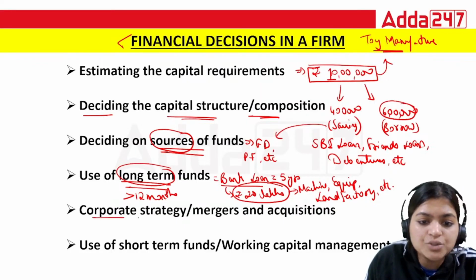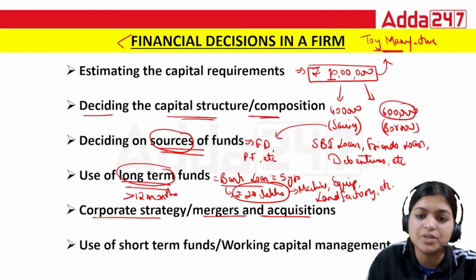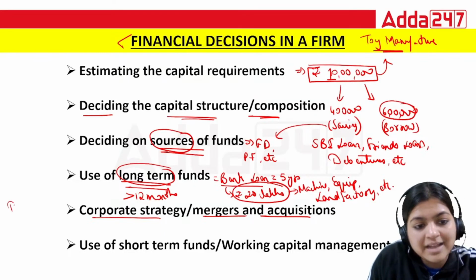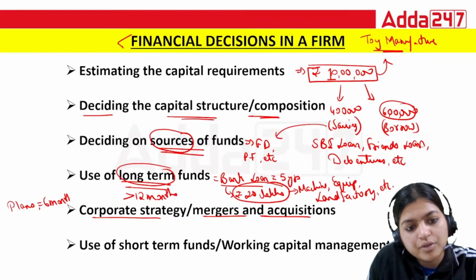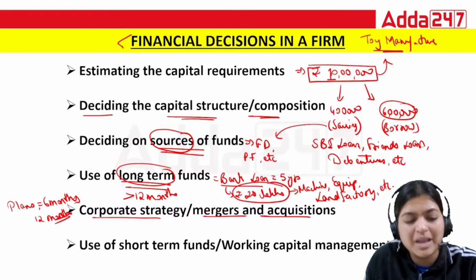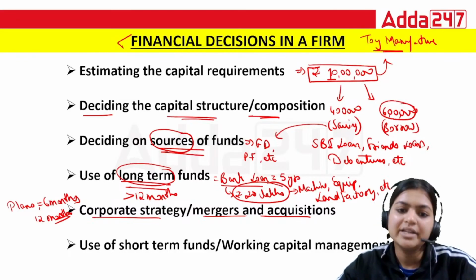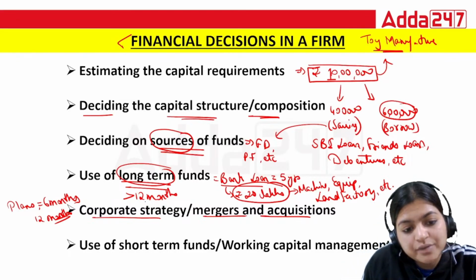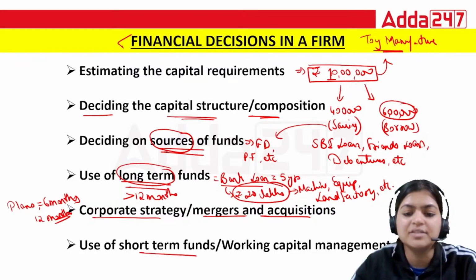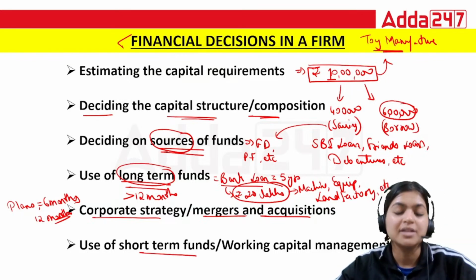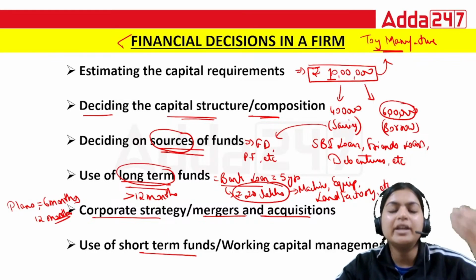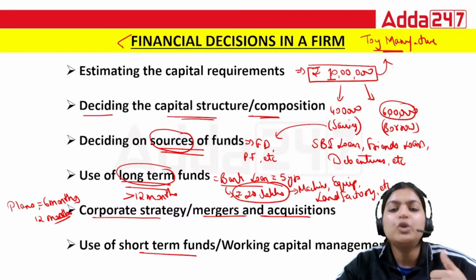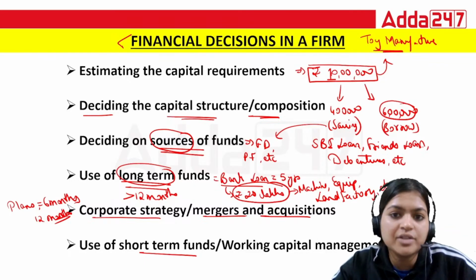Then corporate strategy, mergers and acquisition. Like what plans you will make for the upcoming 6 months, for 12 months. When you're talking about plans, that is your corporate strategy. Then next we will talk about use of short-term funds, working capital management. When you are starting your toy manufacturing, every day you will manufacture, sell your toys and purchase raw material.